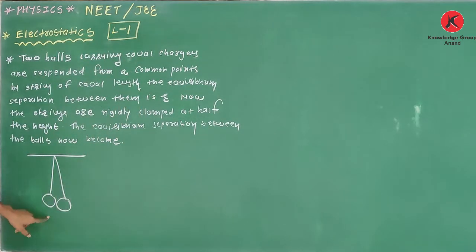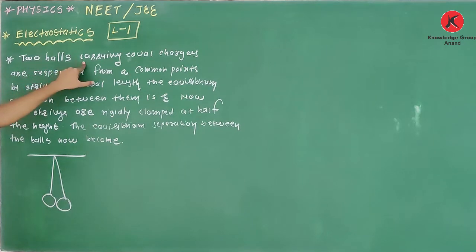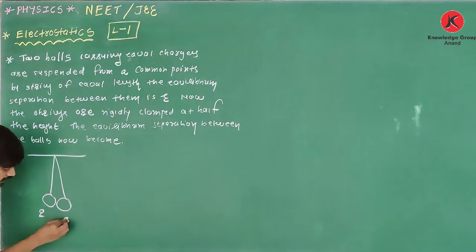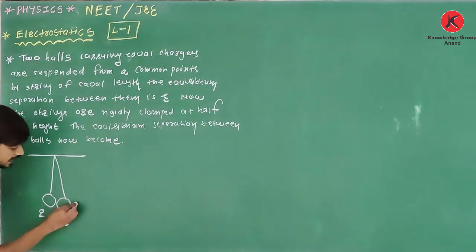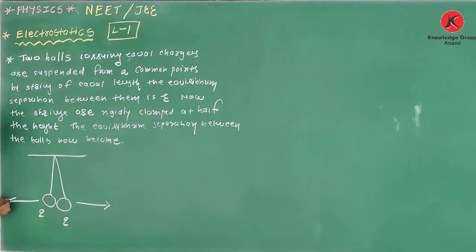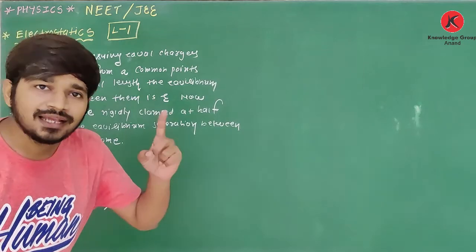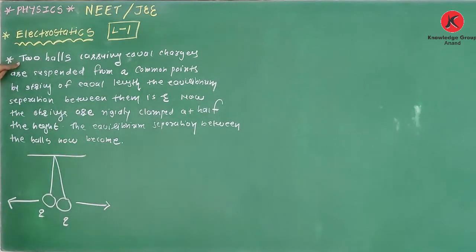But you see what is given? Two balls carrying equal charges. So if the charge on this is Q and the charge on this is also Q, then due to like charges there is a repulsive force between them and they will move away from each other. Two balls carrying equal charges are suspended from a common point by strings of equal length.